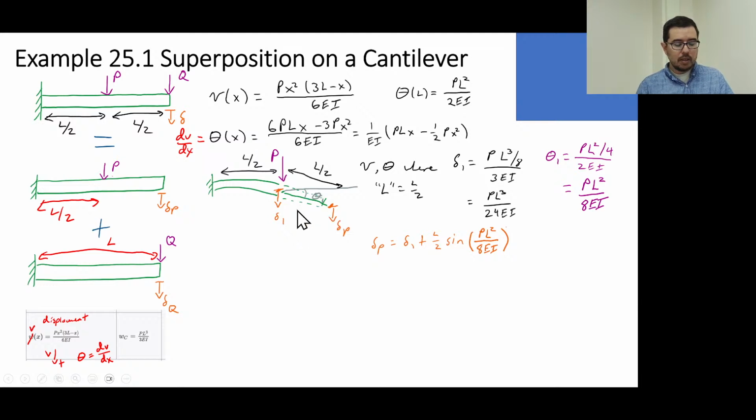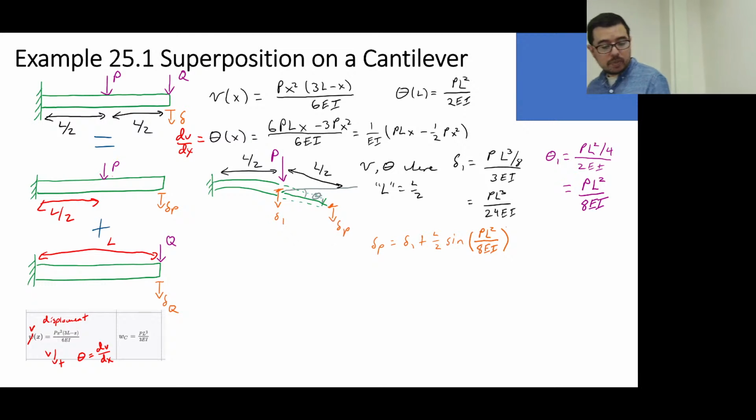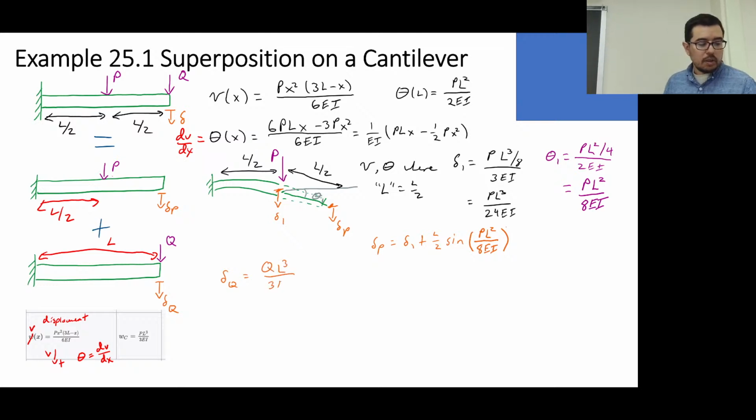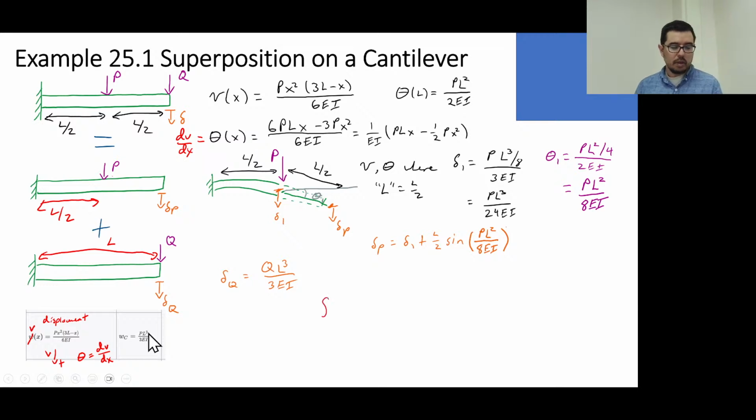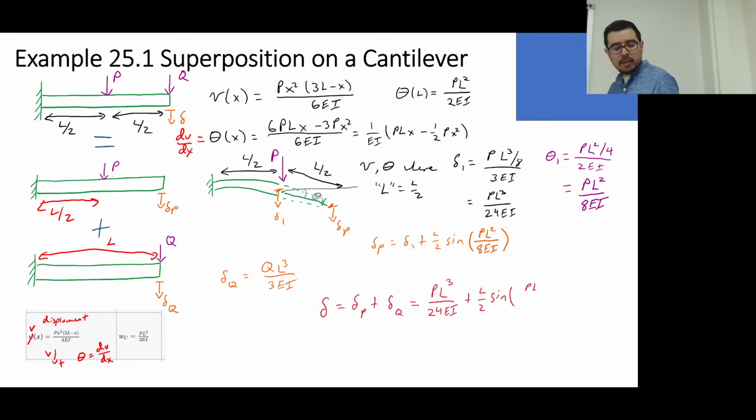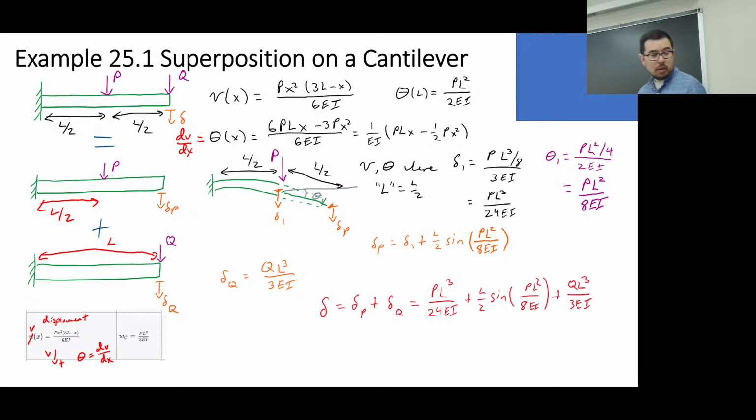If I take the sine of that angle, then I can figure out what the vertical displacement is, and that's what delta P is. Delta Q is just the equation that we have right here, okay, and so we sum these up with each other, and we get this expression.